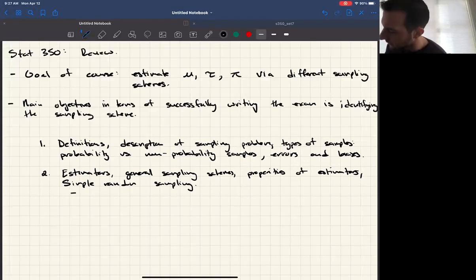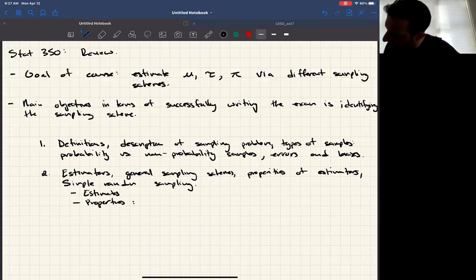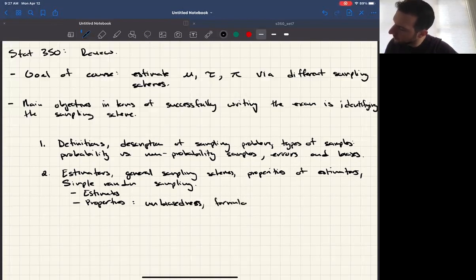So here we have estimates, properties. So we showed, for example, here, unbiasedness, formula for variance, that kind of idea.